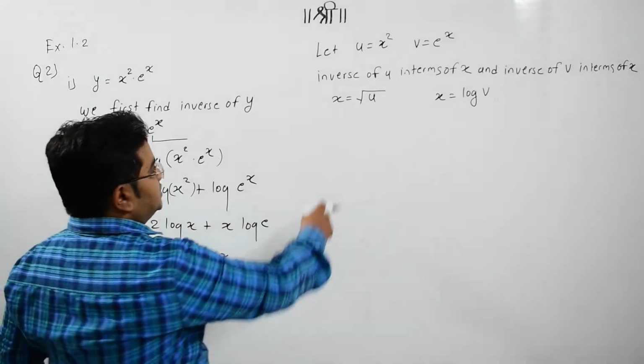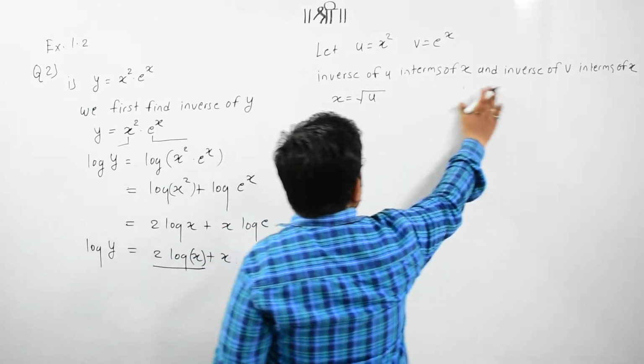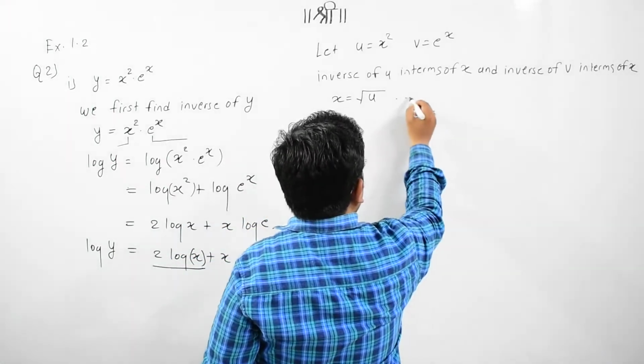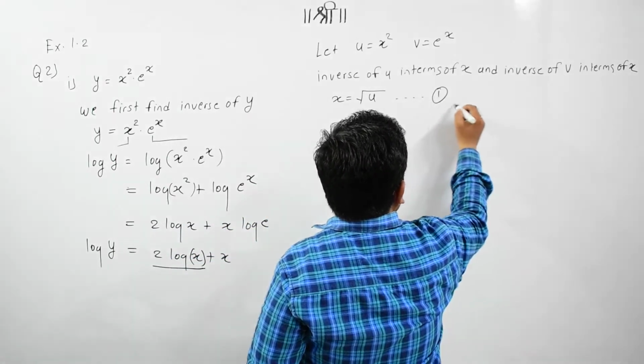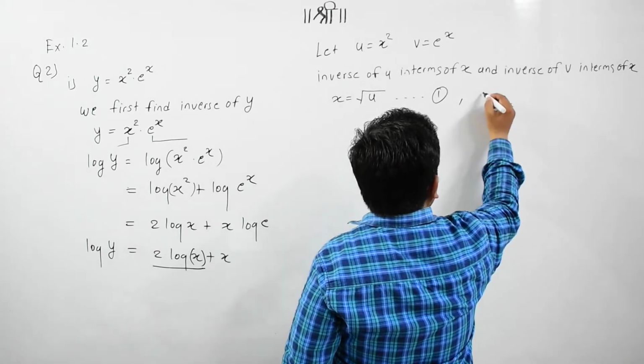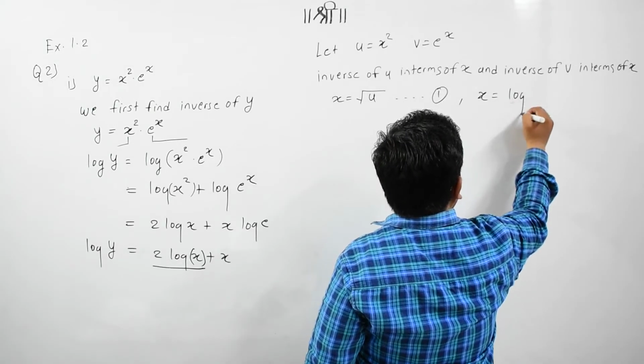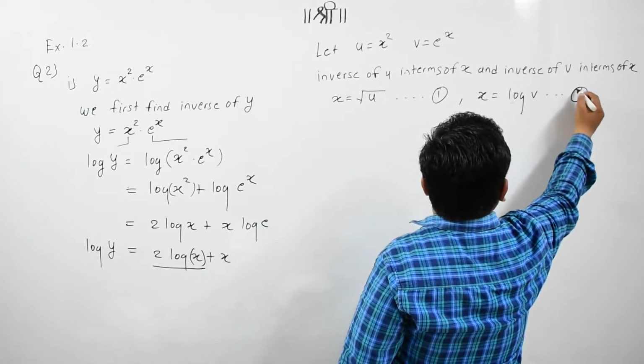Now if I differentiate, this is equation number 1, and I would like to make the other one equation 2 separately: x is equal to log of v. This is equation number 2.